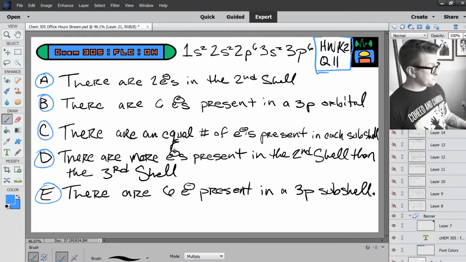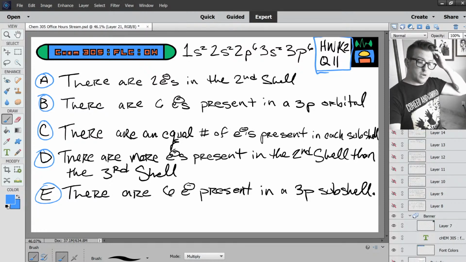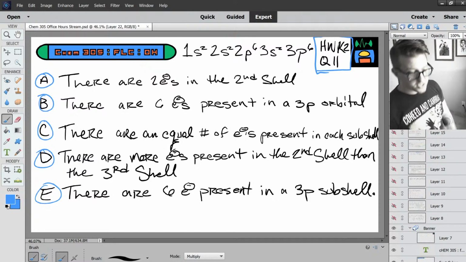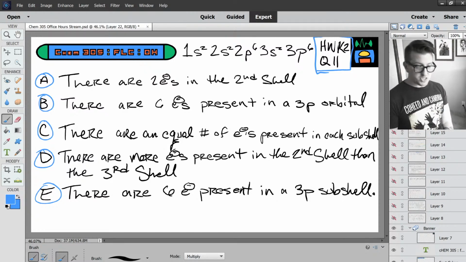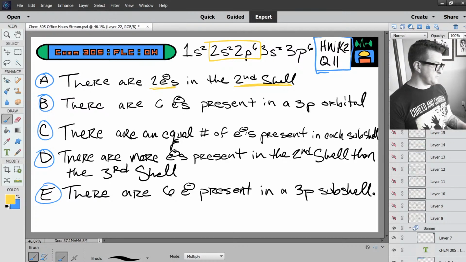All right. So what we have to do is go through a process of elimination, find which ones are incorrect, identify which is true. If you look at letter A, 2 electrons in the second shell. The second shell is everything on the second energy level, right?